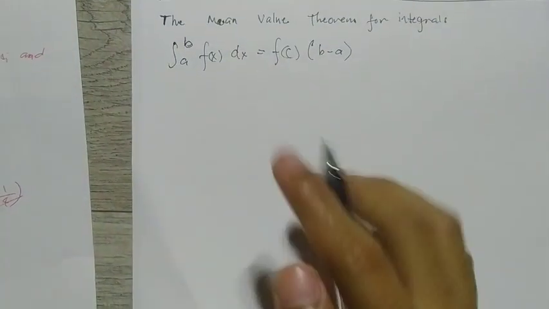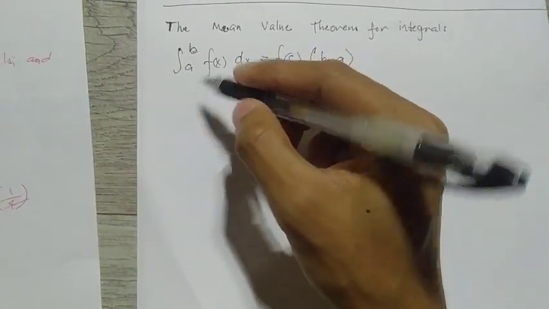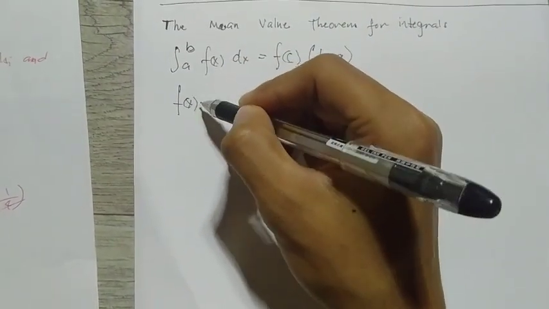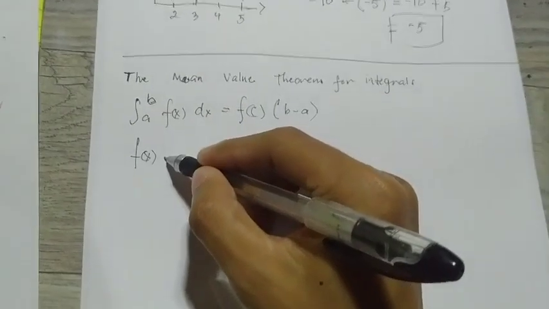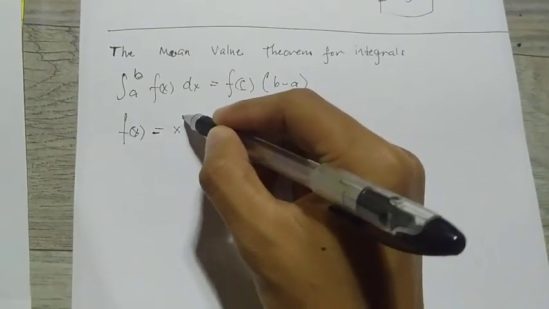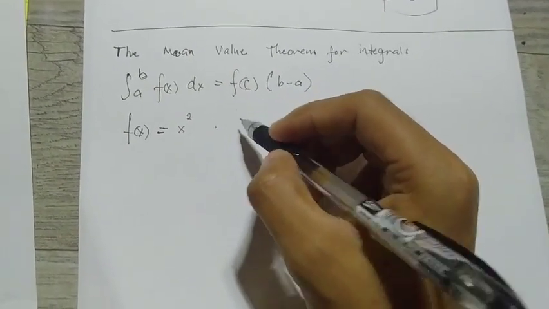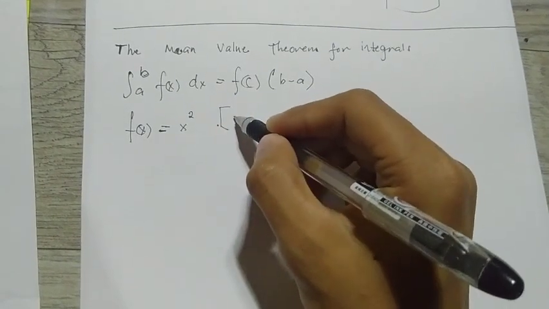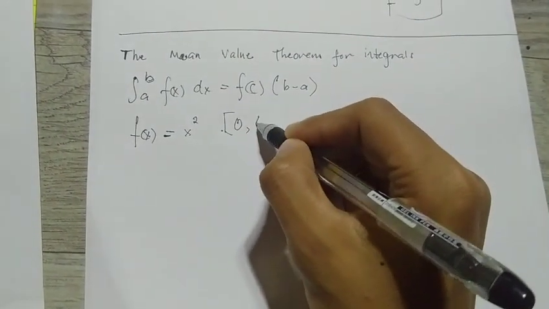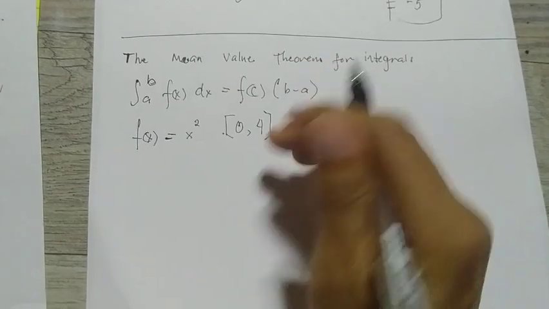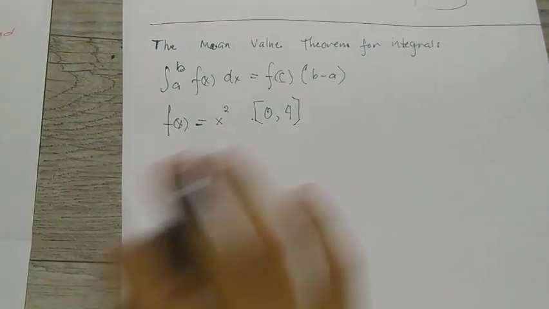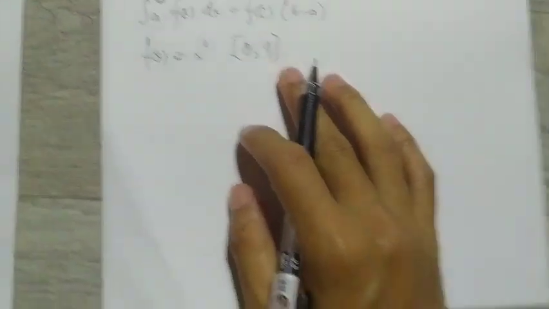So I have here an example. f(x) is equal to x squared, where a is 0 and b is 4. So let's solve this problem.